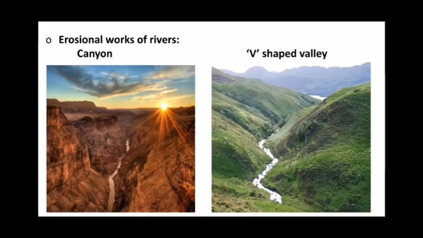You can see a river is passing below. The edges of this canyon are eroded because of the river flowing. In the next picture we can see the V-shaped valley. Even here, due to the works of the river, the V-shaped valley is formed, as well due to the erosion by the flowing river.